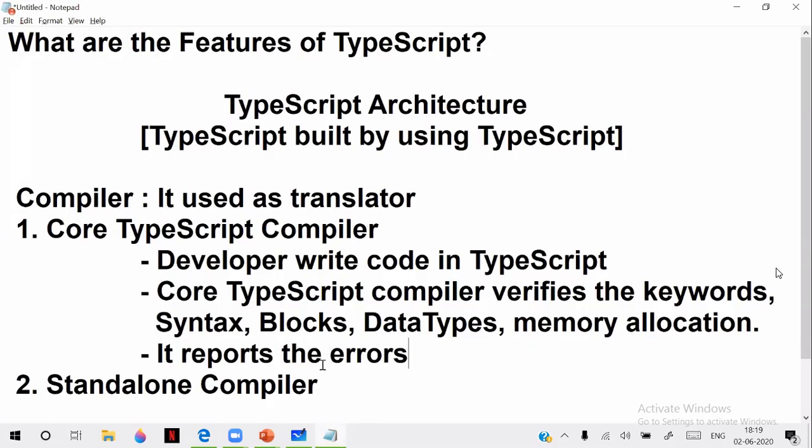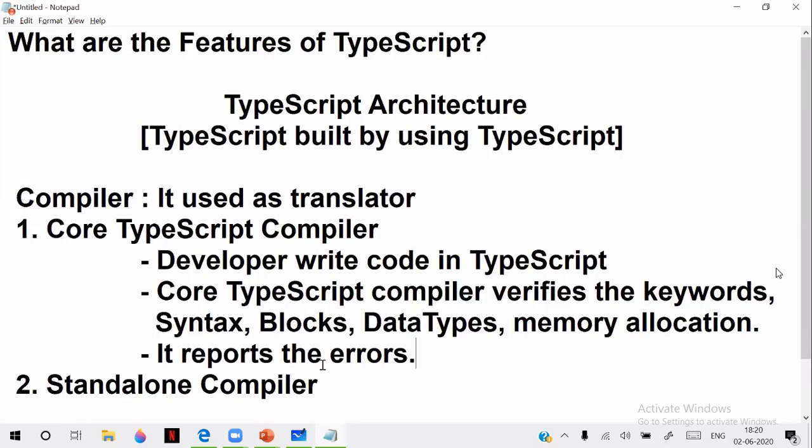That is all managed by the TypeScript core compiler. The TypeScript core compiler is responsible for compiling the TypeScript code written by the developer, and it verifies the keywords, syntaxes, blocks, data types, memory allocations, and everything, and reports if there are any problems in that.